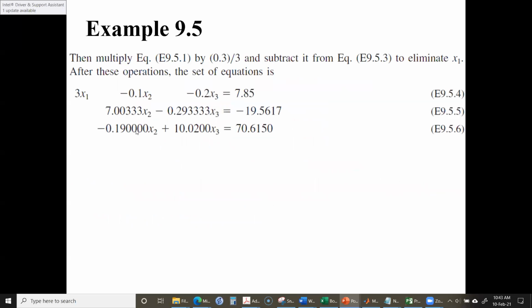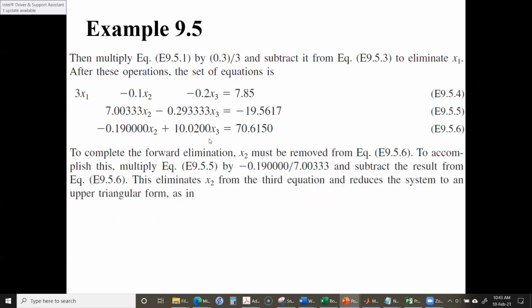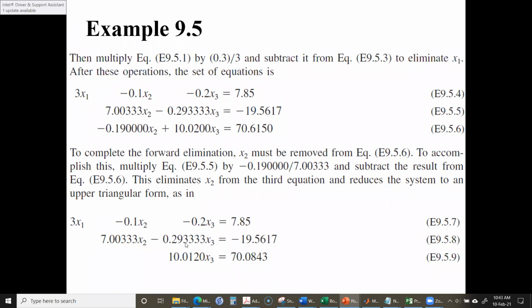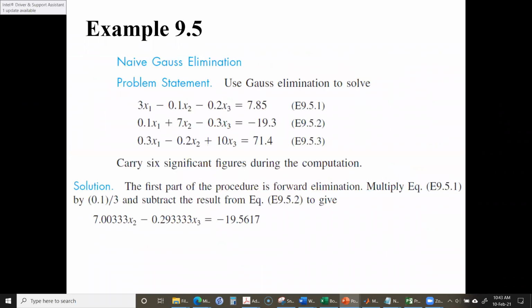So in this case, we get this type of equation, 70.1615. Then we complete the forward elimination, where x2 must be removed. In this way, we get this set of equations, and then we perform the elimination method.